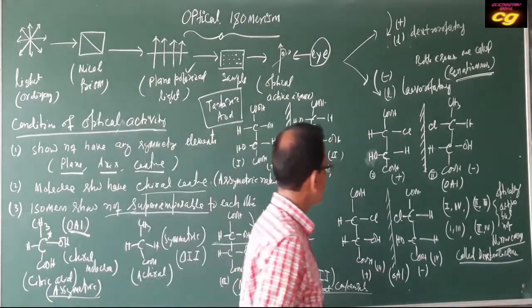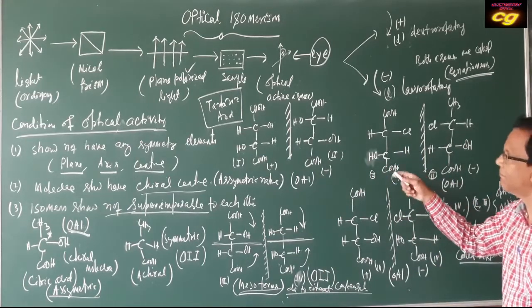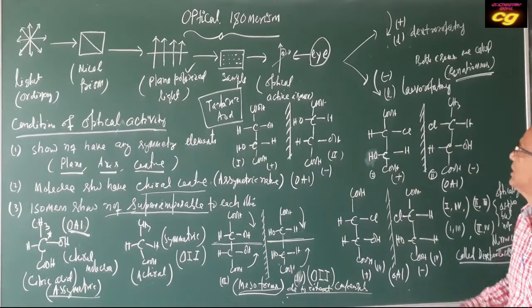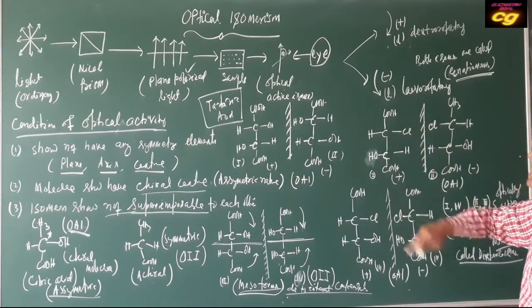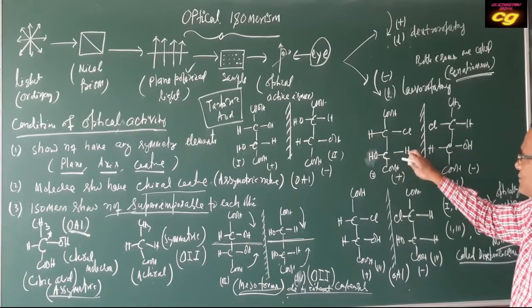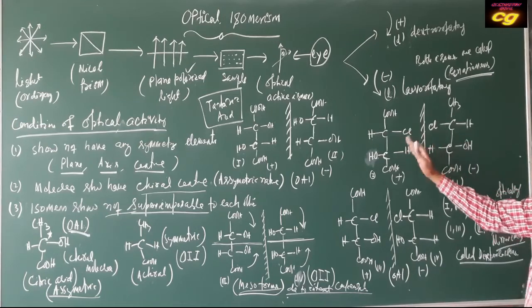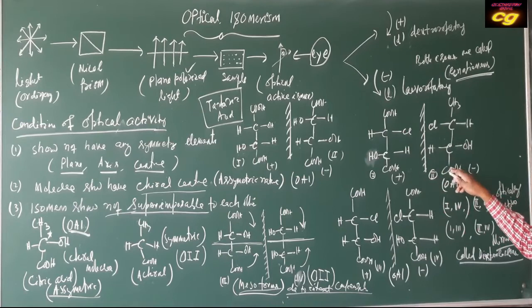And here one more example we can see. Here it is a different organic compound having different groups. Here four carbon atoms, COH, CE, COH and HCl, OHH. This type of arrangement. Here just reverse, just opposite. So if it is plus, it is minus.